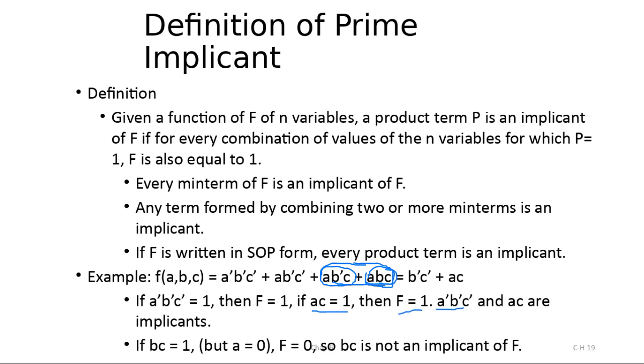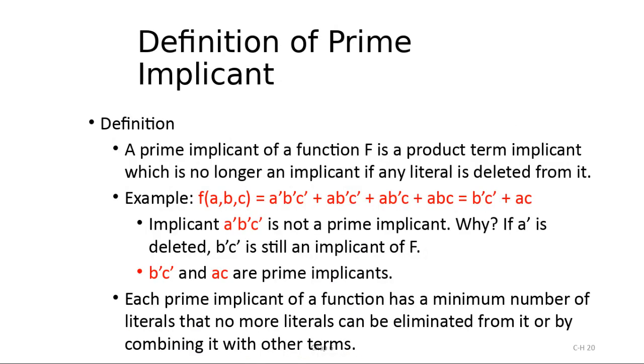So it means this expression and this expression are implicants. If BC is 1 but A equals 0, f equals 0. So BC is not an implicant of f. Okay, this is the simple logic.